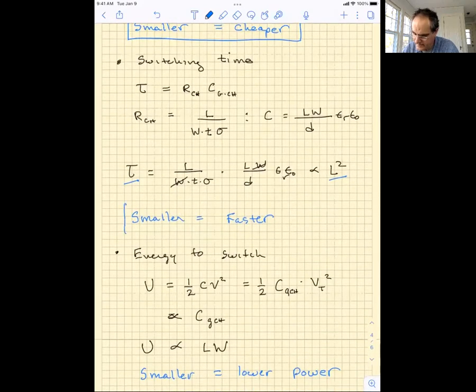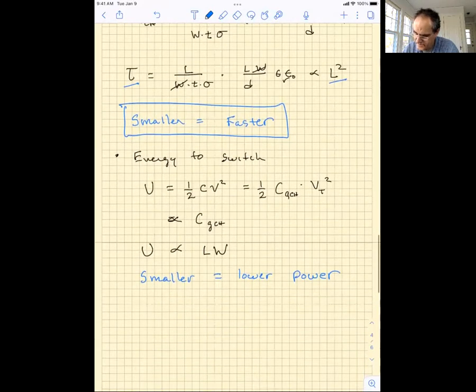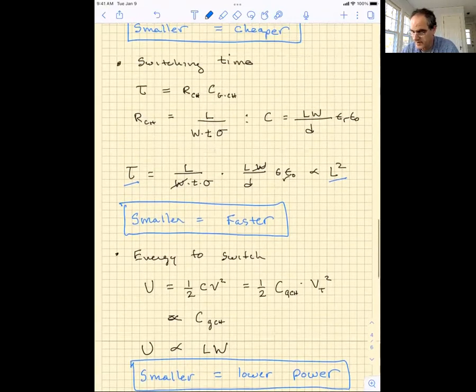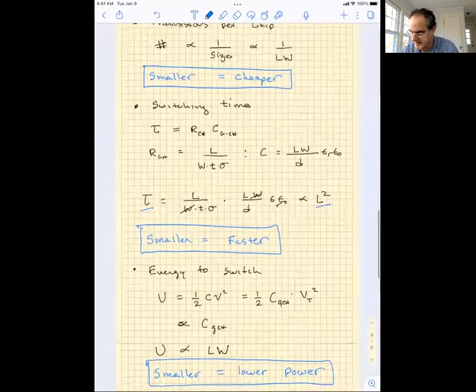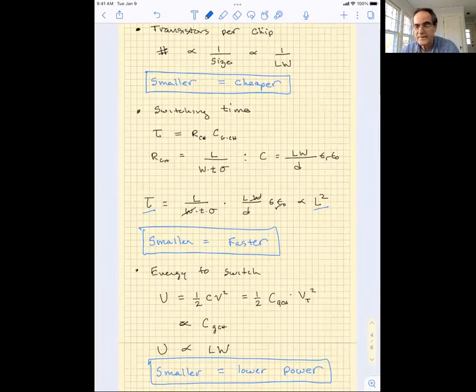Smaller transistors are faster, and smaller transistors consume less power per transistor. So hard to go wrong with that. So it's pretty clear that if we want to make progress, we'd like to make the transistor smaller and smaller and smaller.